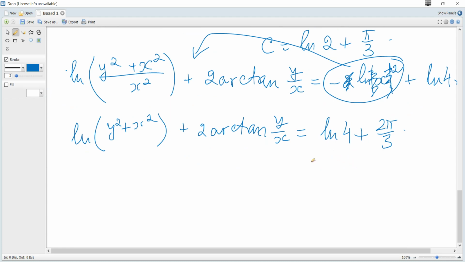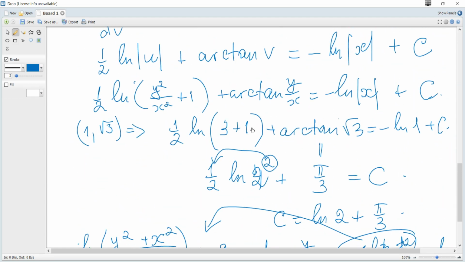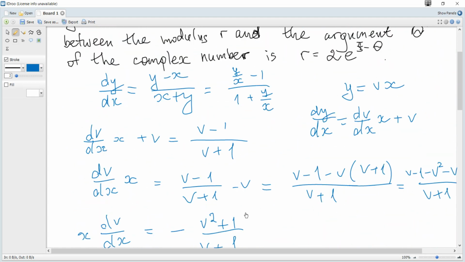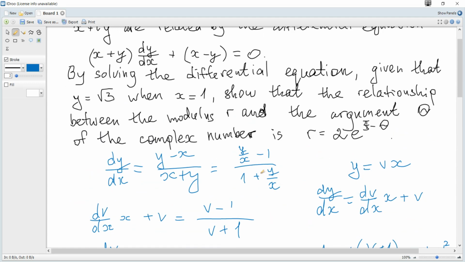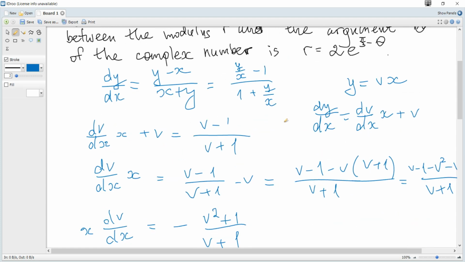And actually we don't need to solve it for y, because the question is about a complex number, and now we should understand how to relate it to a complex number. We should recall what is actually the modulus and argument of a complex number.